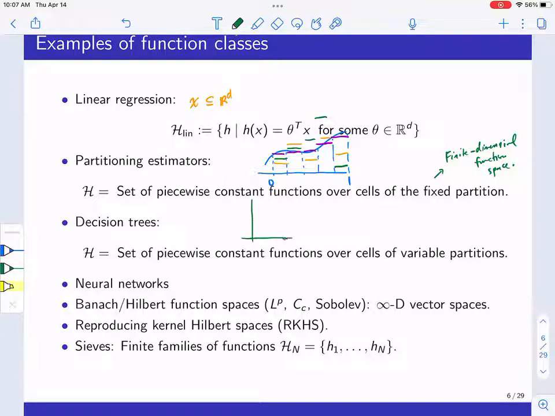So let's say I have x1 and x2, and X is a subset of R^2. If you've seen how they train decision trees, let's say you're looking at 0, 1. You pick the first coordinate, and you find a location where, if you split, the values of y would be the least variable within each cell.